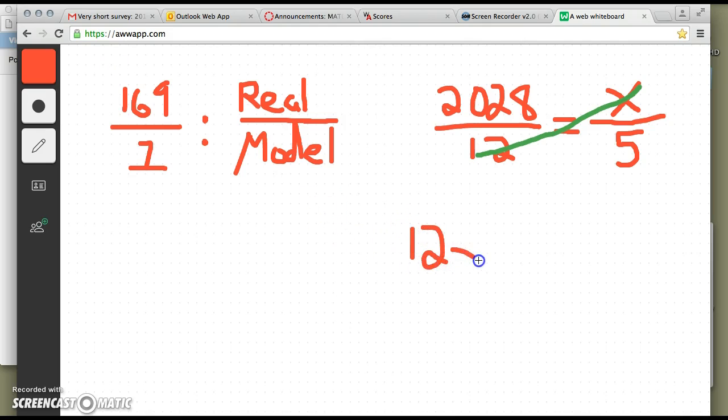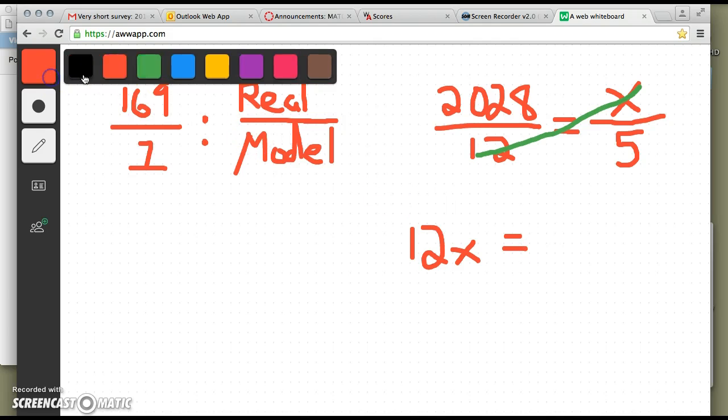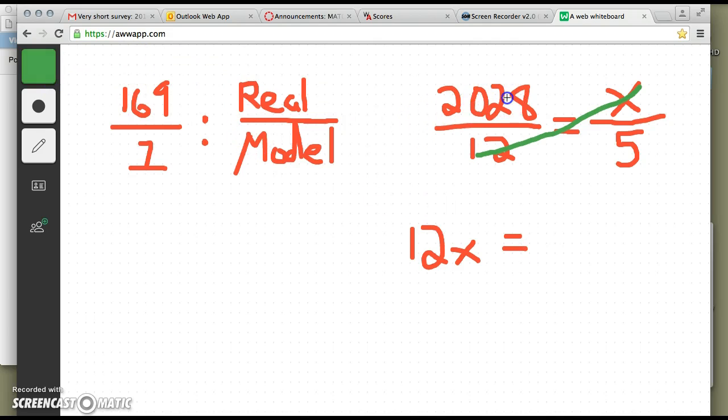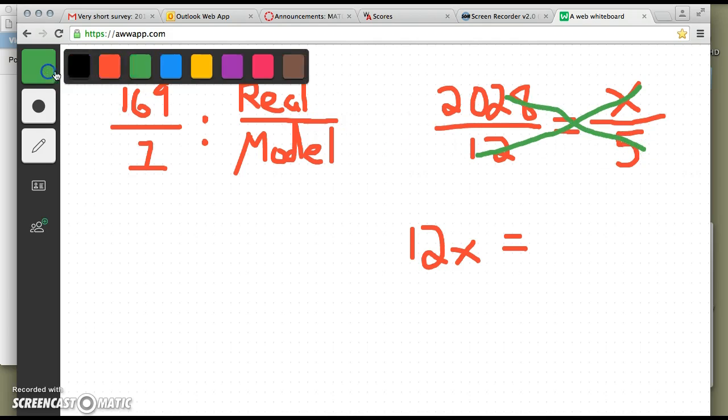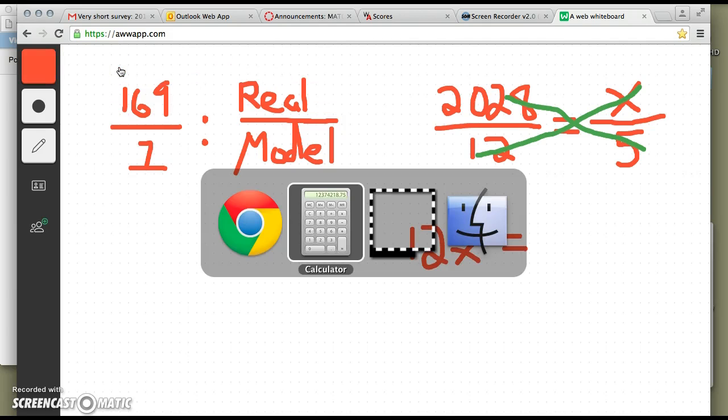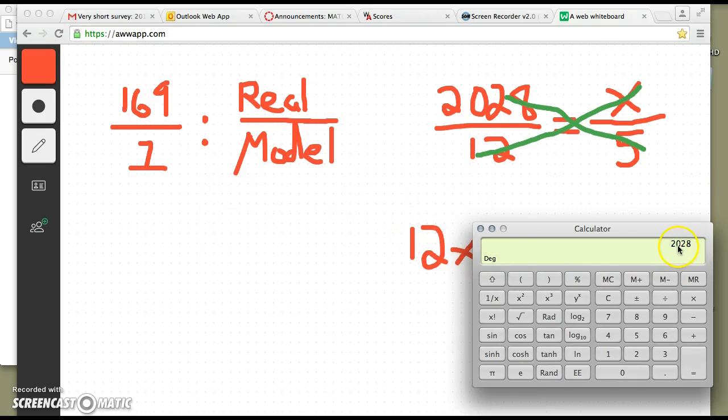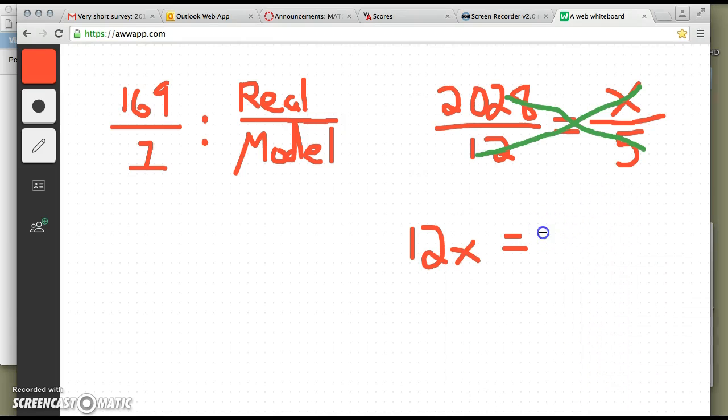Then we multiply on our other diagonal: 2028 times 5, and that is 10,140.